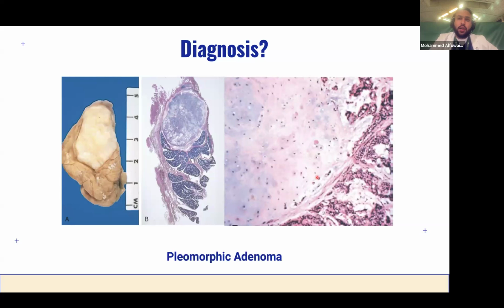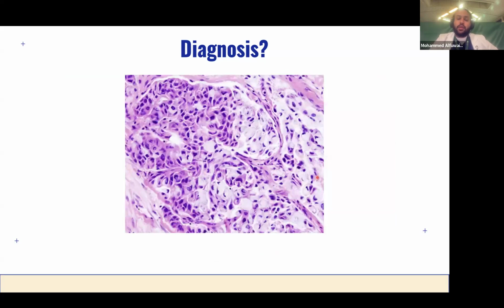It's the most common benign salivary gland tumor. Now, this one is more malignant. What symptom or sign will a patient with a parotid salivary gland tumor come with that will tell you this is a malignant tumor?